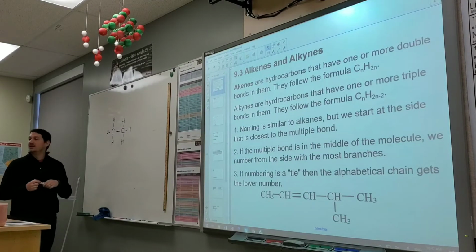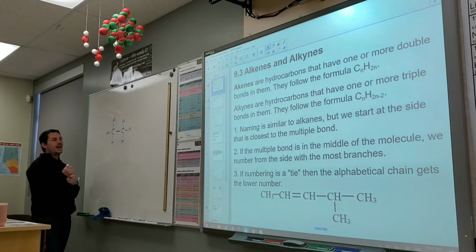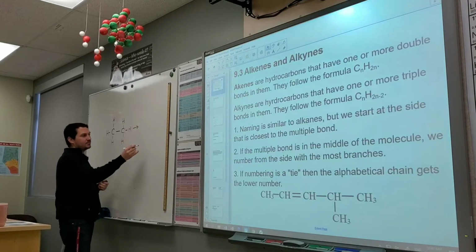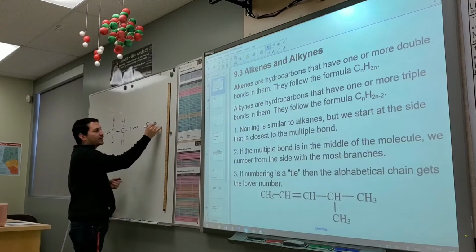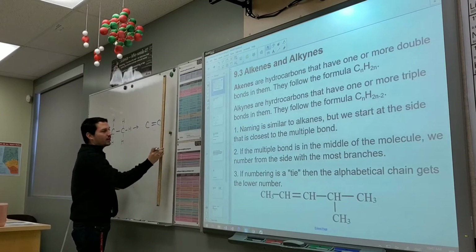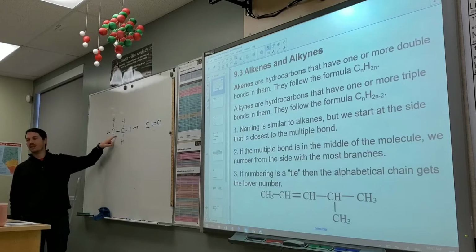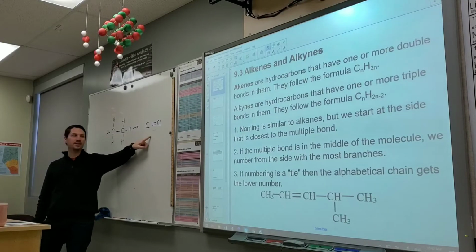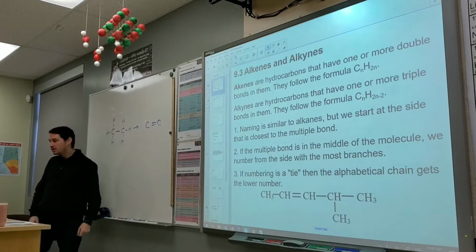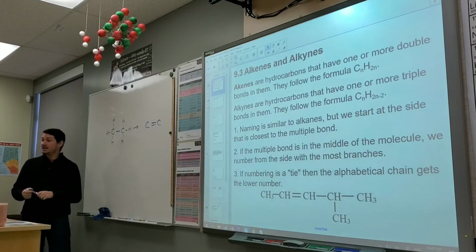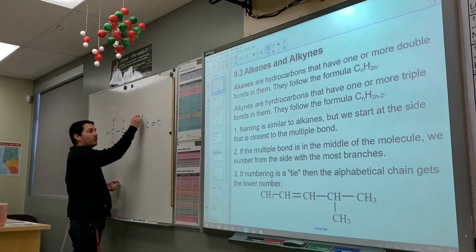Now what I want to do is turn ethane into ethene. And I want to ask you, how many hydrogens am I allowed to keep when I turn it into ethene? 2, on each carbon, right?